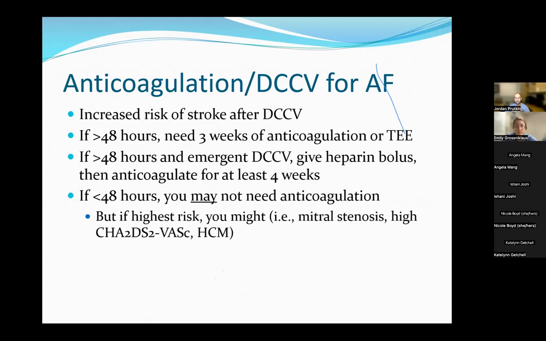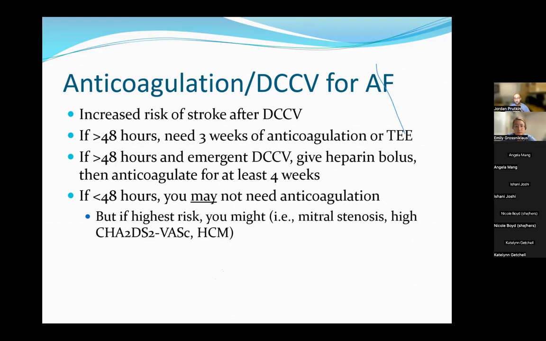If they've been in AFib for over 48 hours and you are going to emergently cardiovert them for some reason, then what you should do, because you can't get a TEE for whatever reason, is give a heparin bolus, and then make sure you anticoagulate them for at least 4 weeks. And if it's less than 48 hours, you may not need to anticoagulate them. So if someone is low risk, if you guys know the CHA2DS2-VASc score, so if they have a score of 1 or 0, and it's been less than 48 hours, you probably don't need to anticoagulate them.